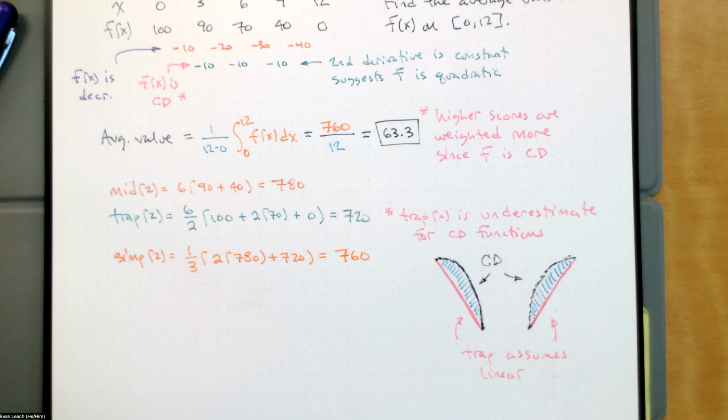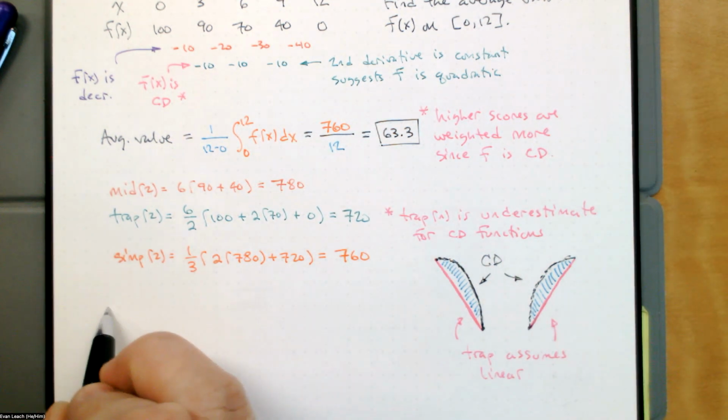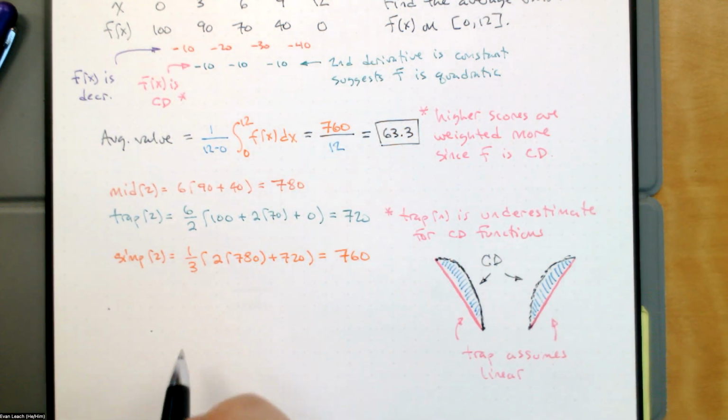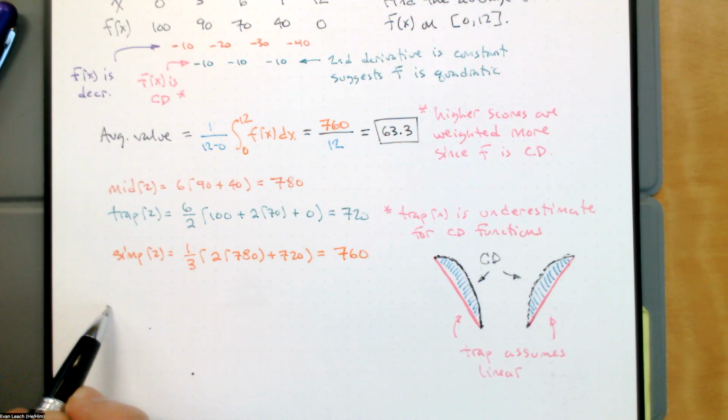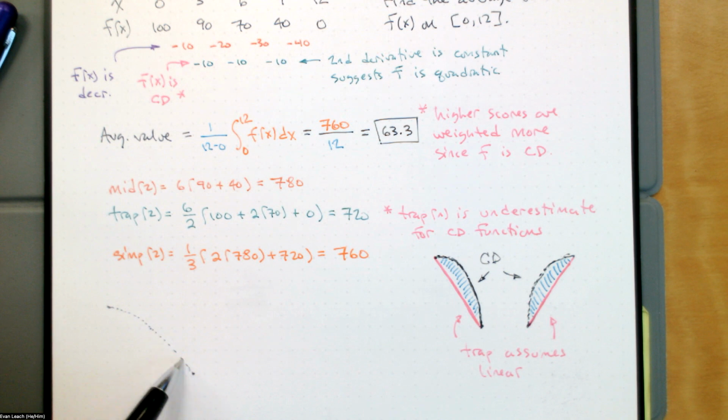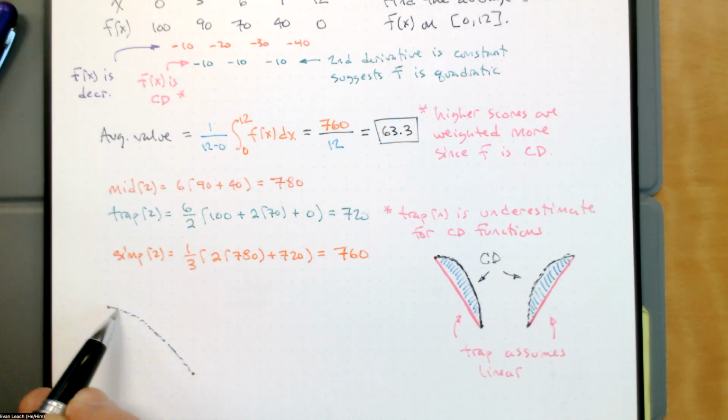A similar thing happens with the midpoint rule. We'll see that the midpoint rule for a concave down function will always be an overestimate. So here I'm going to draw a function that's concave down. Then I'm going to draw the midpoint rule approximation.